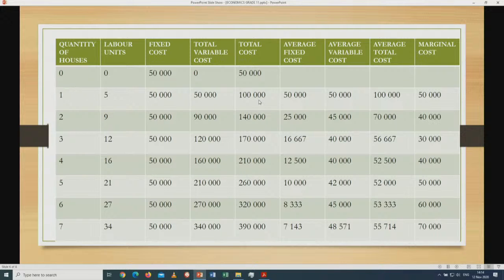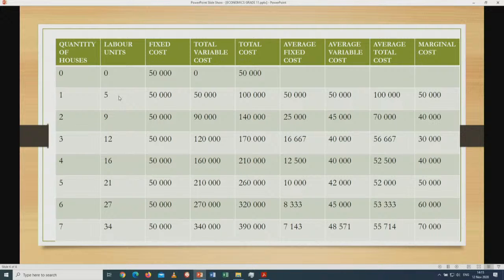So basically it will be the 50,000 divided by 1, which gives us the 50,000. I hope we understand each other here, because then our average fixed cost and our variable cost is now at 100,000.